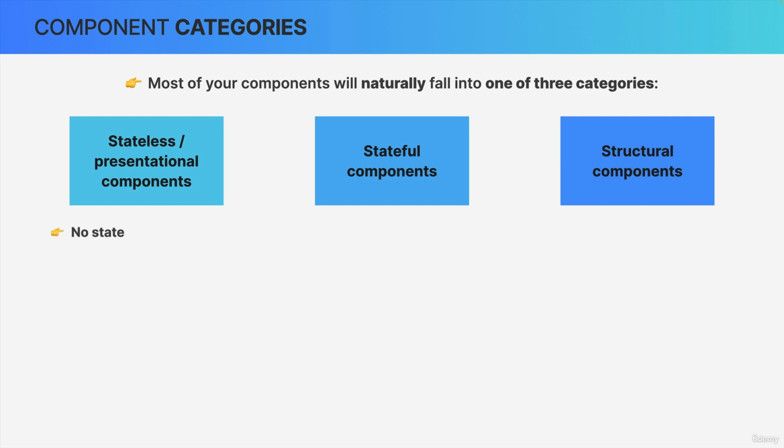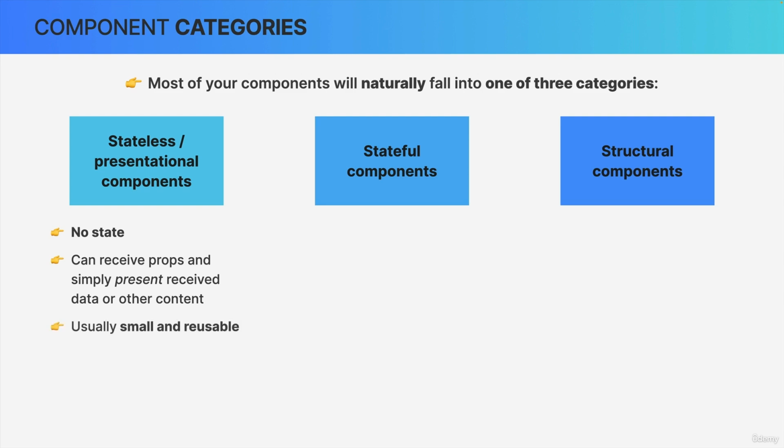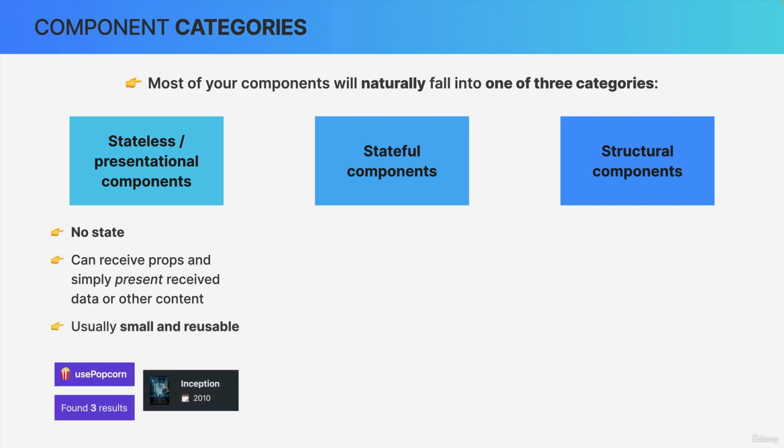Usually, they are components that receive some props, and then they simply present that data or even some other content, and therefore the name presentational. Many times, these are quite small components, such as the logo, num results, and movie components in our current app.